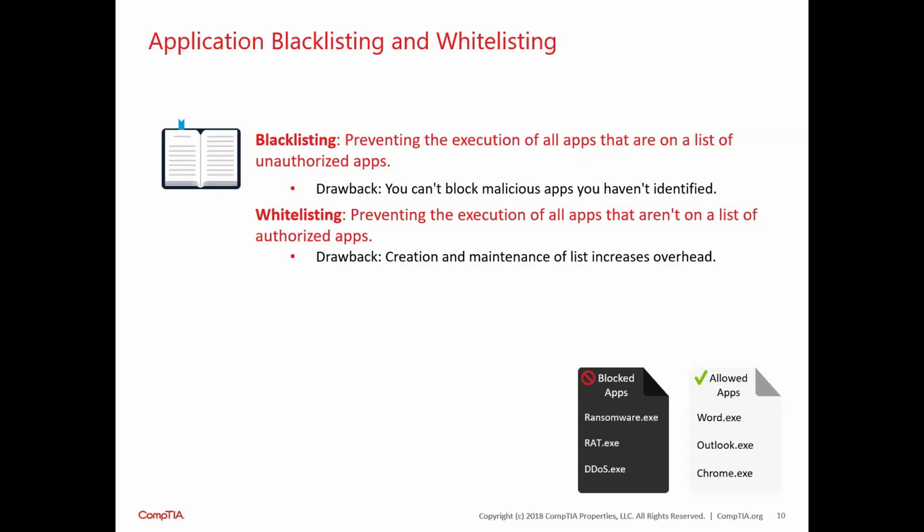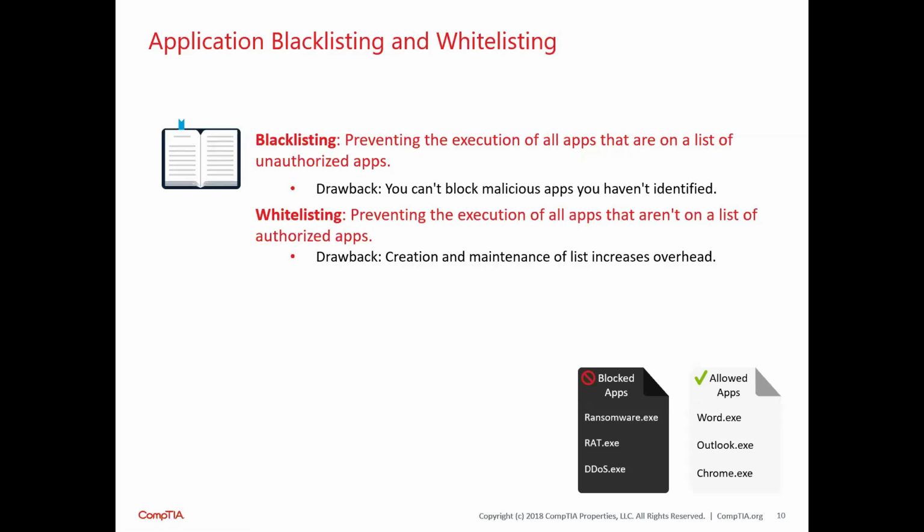When you set up the operating system not to run a specific application, in this example TeamViewer, that is called blacklisting. The drawback, the weakness, is you can't block malicious applications you haven't identified. So you need to be able to identify the application before you can block it.